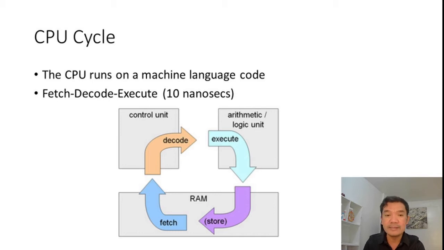our central processing unit. So if you look at the diagram, we can start at the RAM. There's information in the random access memory to be fetched, and the control unit will decode it, and it will be executed by the arithmetic and logic unit and stored back on the RAM.